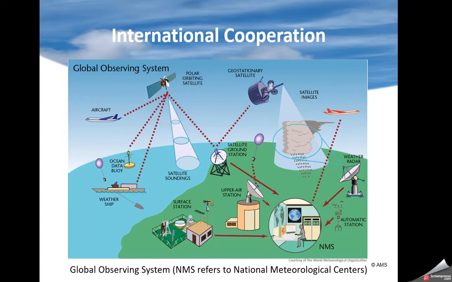We have GOES, geostationary satellites. We have ground stations that take all this data. We have upper air balloons. We have surface observations. We have some buoys in the ocean. We even have ships. Some ships take observations. But still, does it really tell you the entire picture of what's going on?